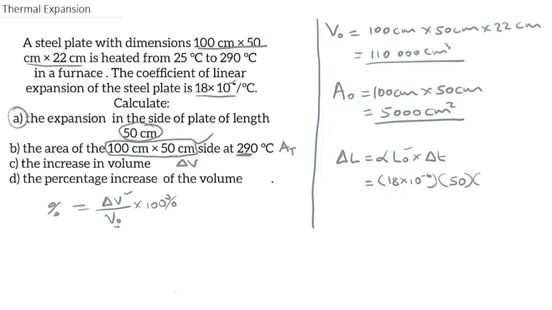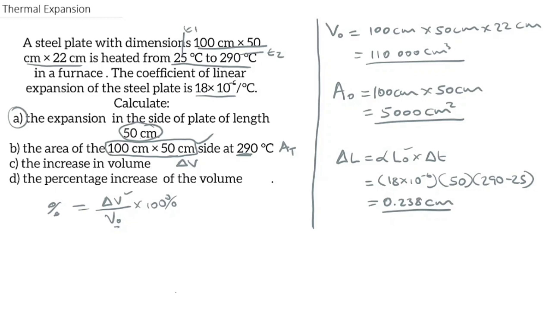Then the change in temperature is 290 minus 25. This is temperature 2, and this is temperature 1. The answer here is going to be 0.238 centimeter. That is the change in length.